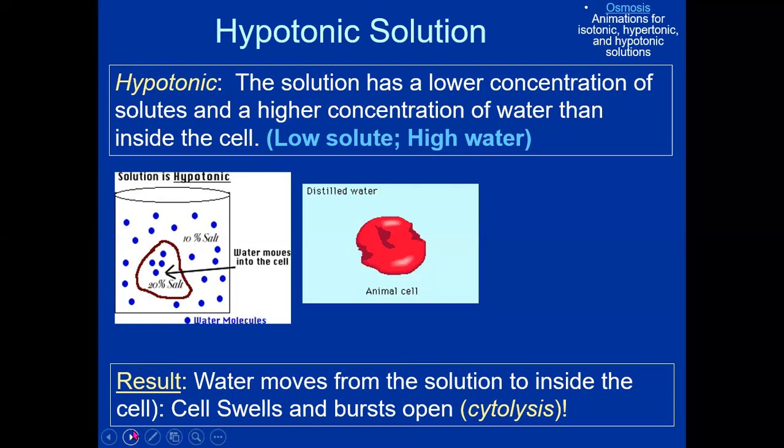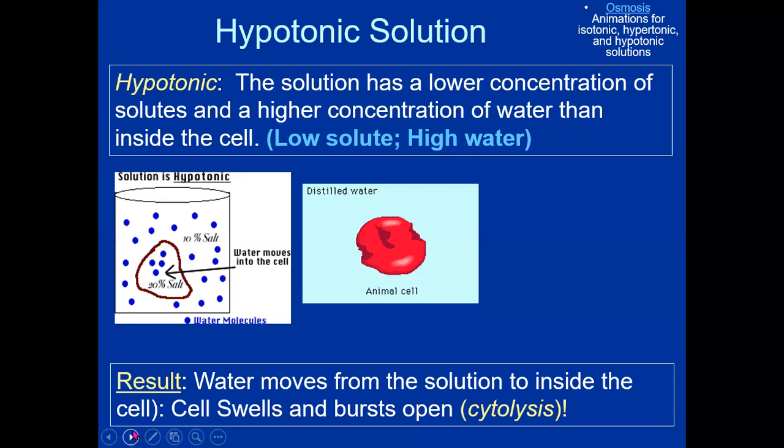So if the inside of the cell is less concentrated, then the outside is more concentrated, and water tends to leave the cell.